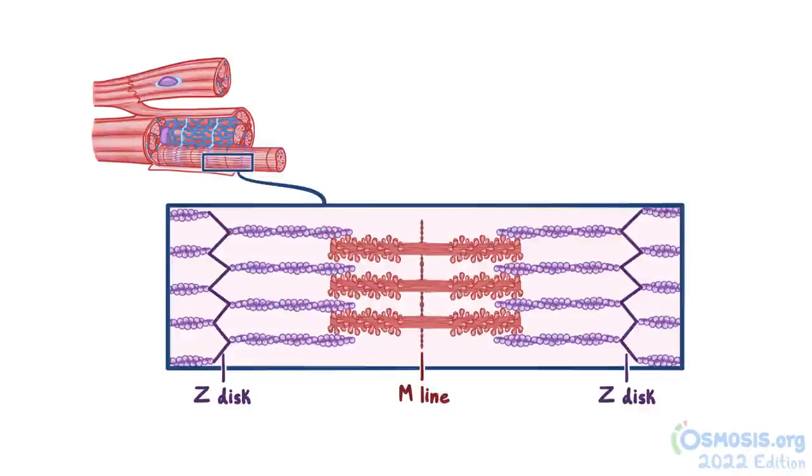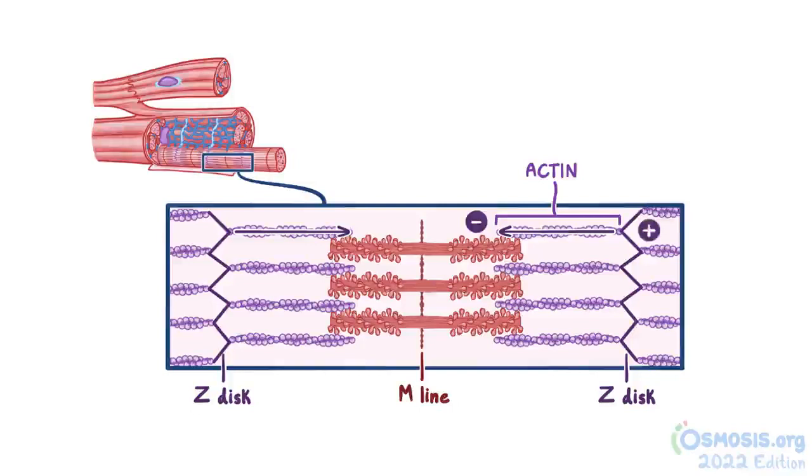Attached to the Z disc are thin filaments made of actin protein. These actin filaments have structural polarity, which means the ends of the filament look different from one another. We can think of it like an arrow, with the pointed end being the minus end, pointing towards the M line, and the tail end being the plus end, attached to the Z disc.